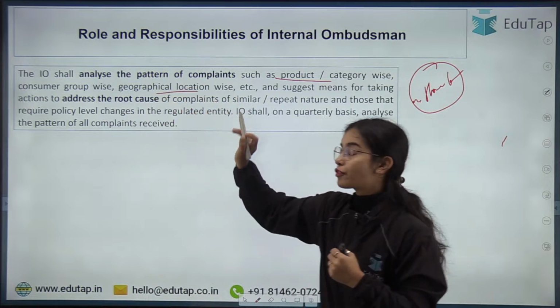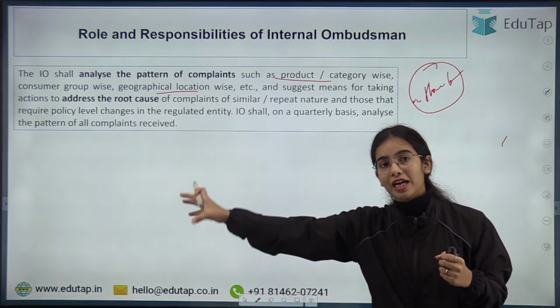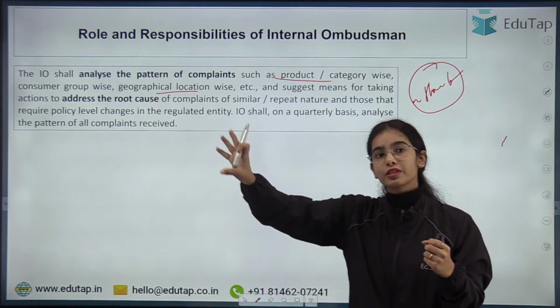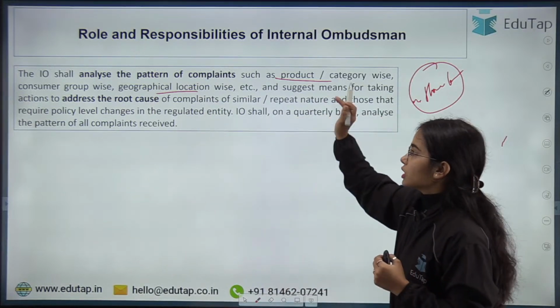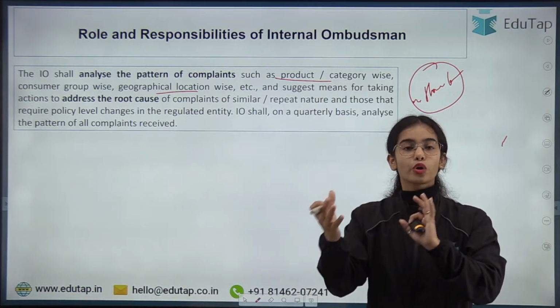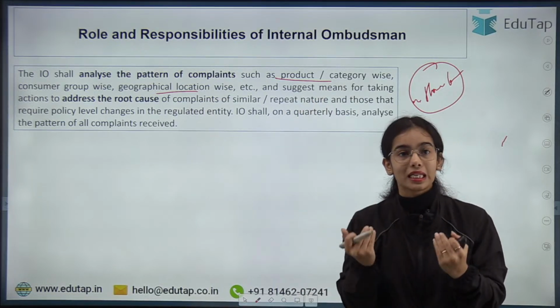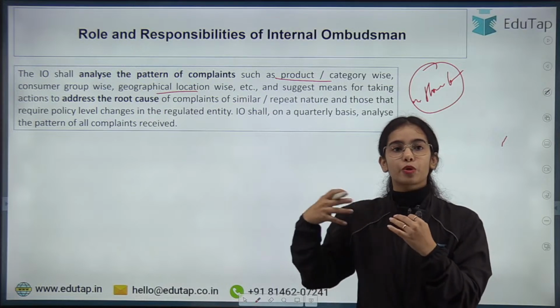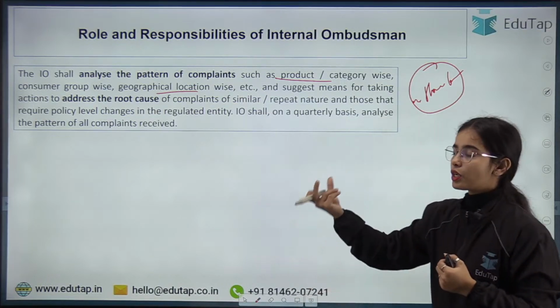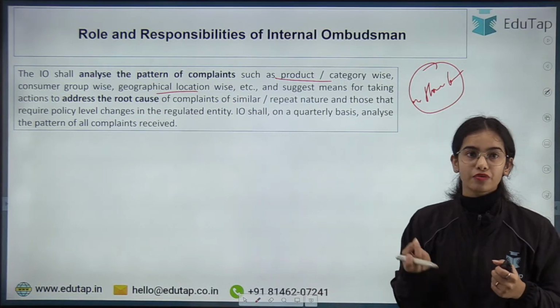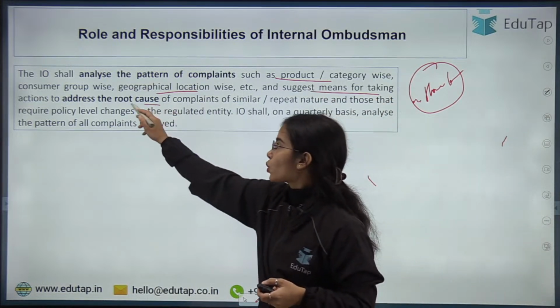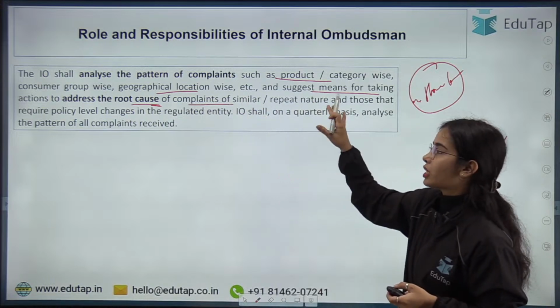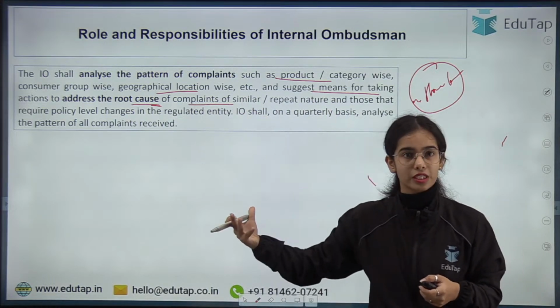Geographical location: the area from which maximum complaints are coming means the branches in that area are not able to work properly. So the internal ombudsman not only has to review but also has to analyze the complaints product wise, consumer group wise and geographical location wise, and suggest means for taking action to address the root cause of complaints of similar or repeated nature, so that you resolve this issue.